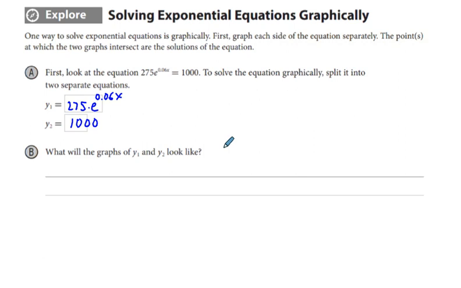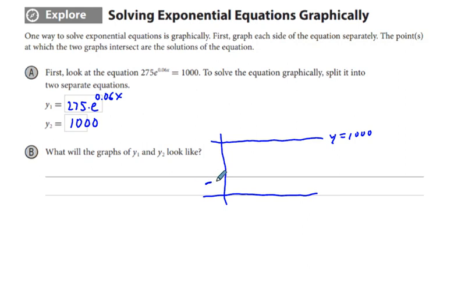Well, I'm just making a sketch. y2 is going to be just this, y equals 1,000. And y1 is going to be this thing right here.